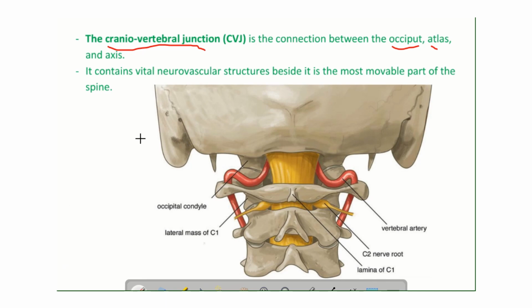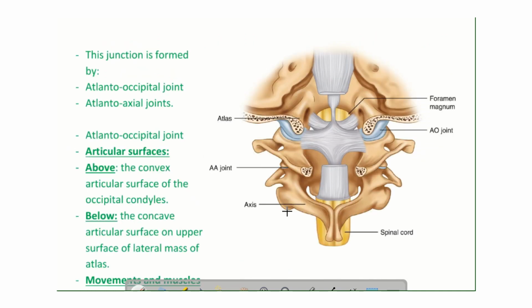This junction is very important because why? It contains vital neurovascular structures, which are the spinal cord and the vertebral artery, as well as it is the most movable part of the vertebral column.